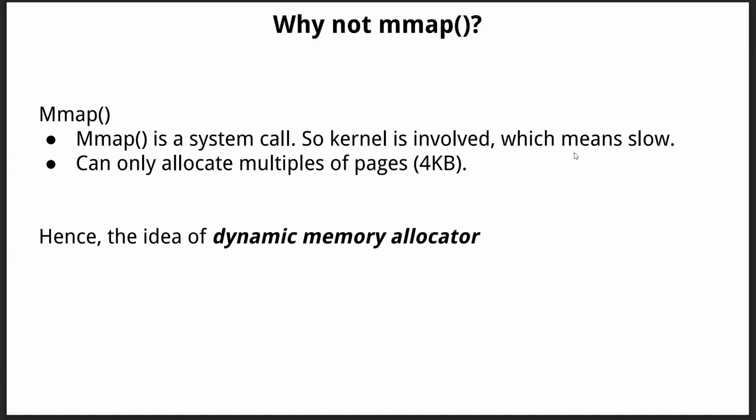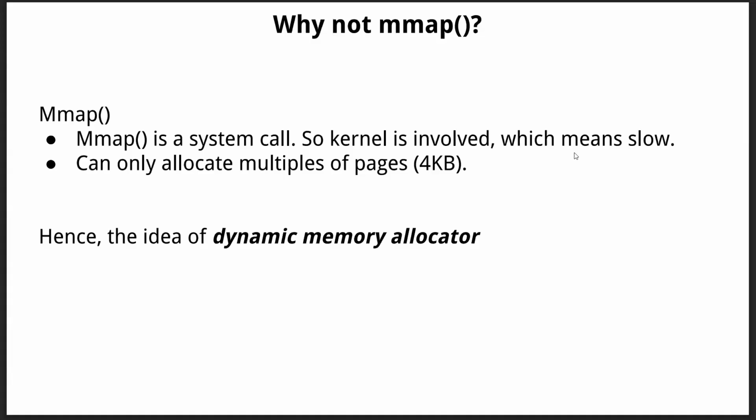So usually the program will ask for a relatively large chunk of memory, like 1 page, 4 KB, or 4 megabytes. Then the dynamic memory allocator, which runs in user space, will handle your future requests for smaller memory pieces.